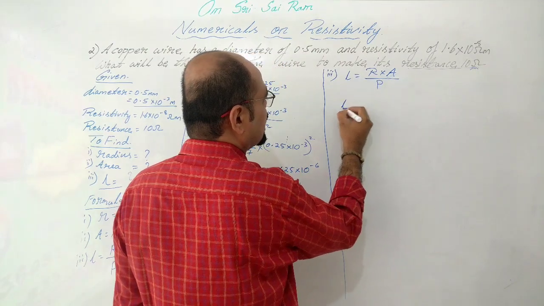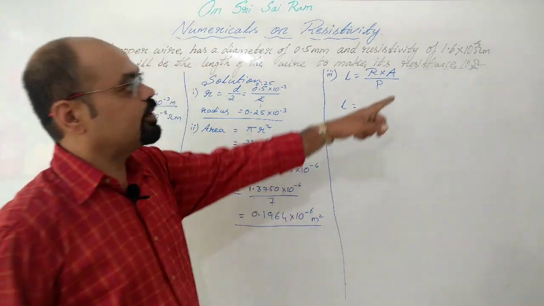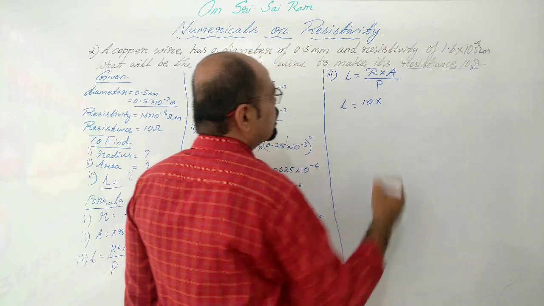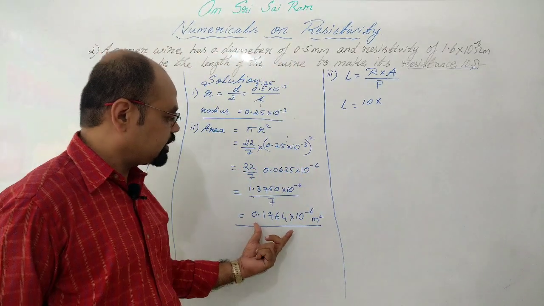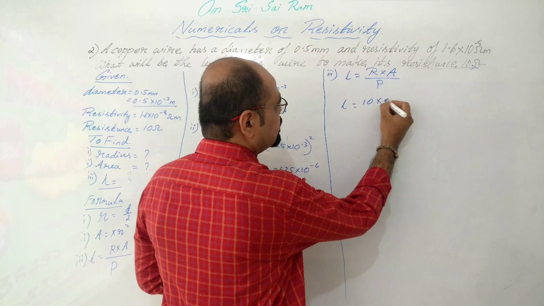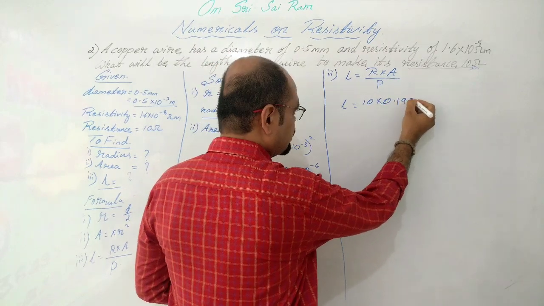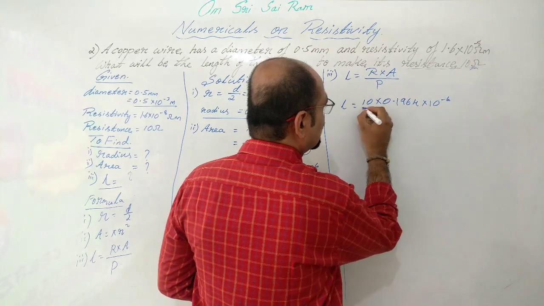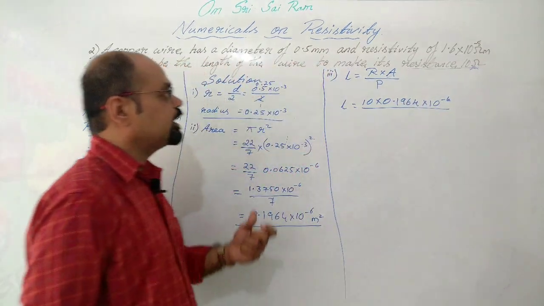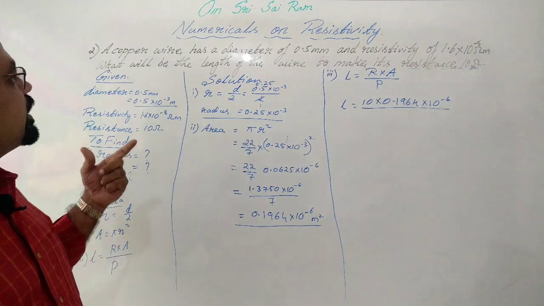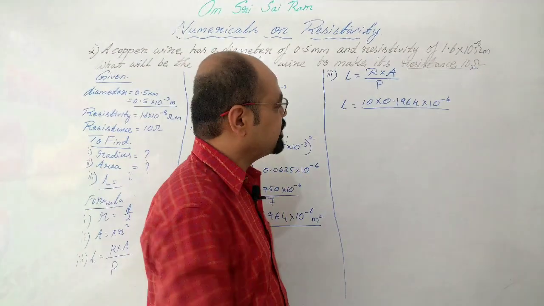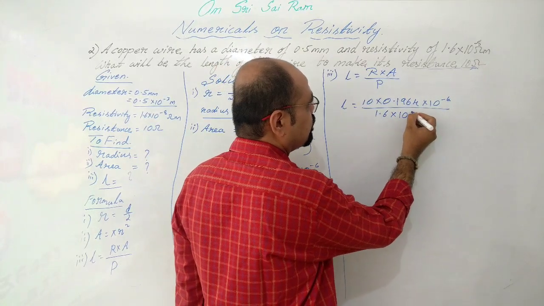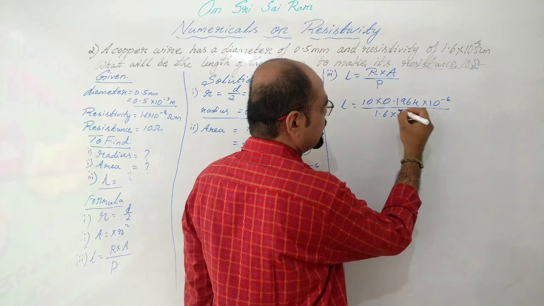Resistance is given as 10 ohms, into the area of cross section we got, 0.1964 into 10 to the power of minus 6, divided by rho, the resistivity, which is given as 1.6 into 10 to the power of minus 8.